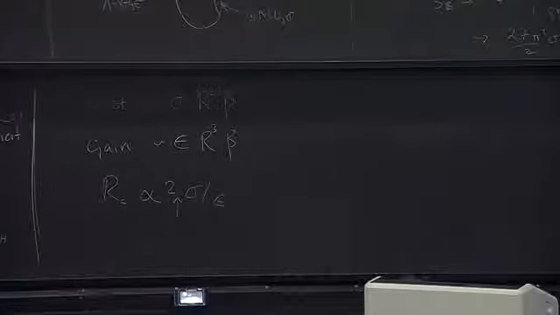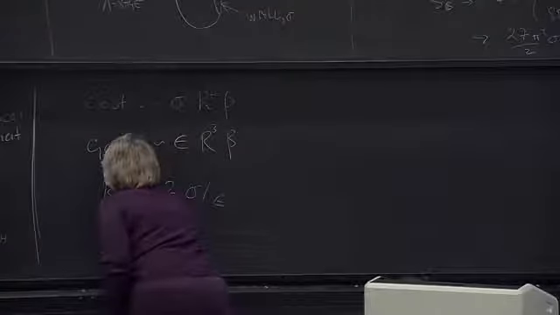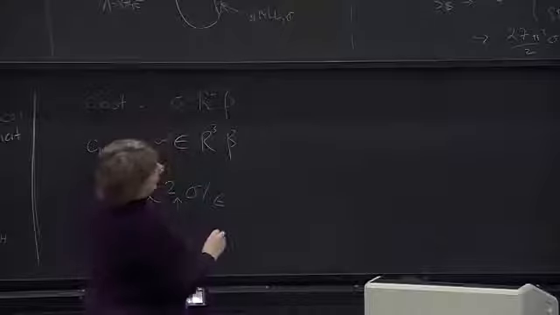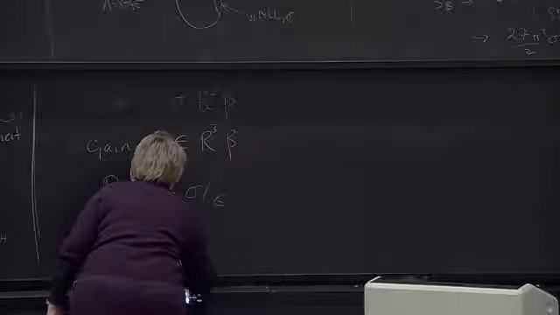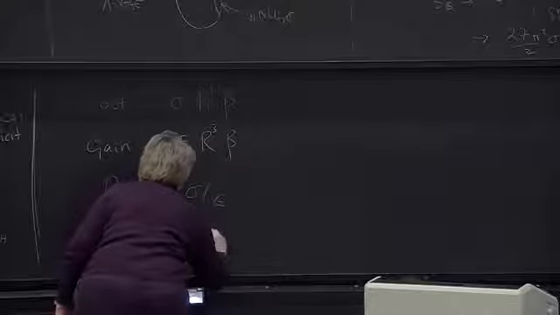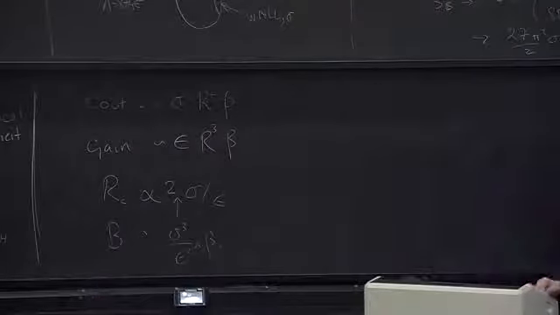What's really different is the fact that the action now, instead of going like sigma to the 4th on epsilon cubed, goes like sigma cubed on epsilon squared times this beta. So it's a different balance.